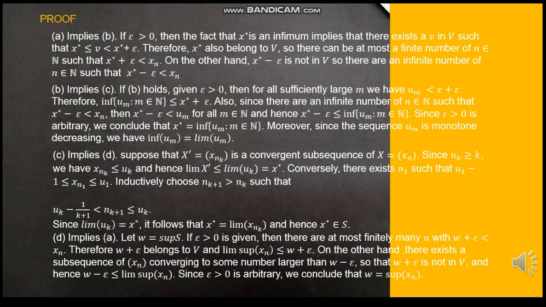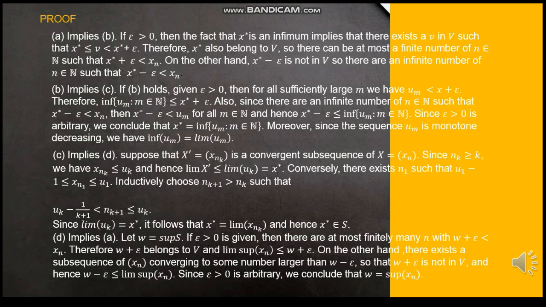C implies D. Suppose that big X prime equals (xnk) is a convergent subsequence of big X equals (xn). Since nk greater than or equals k, we have that xnk less than or equals uk, and hence limit of big X prime less than or equals limit uk equals x star.